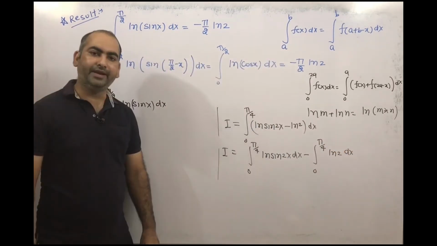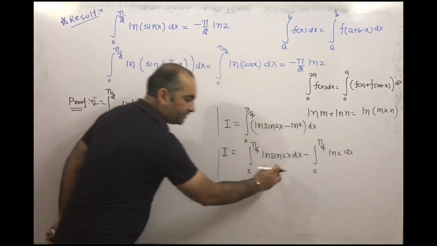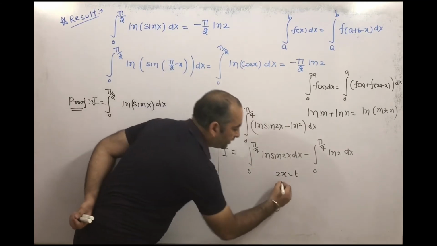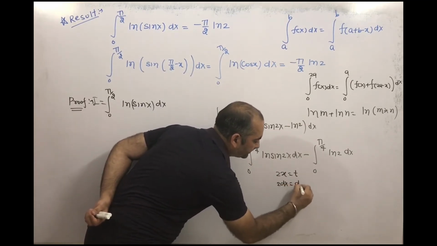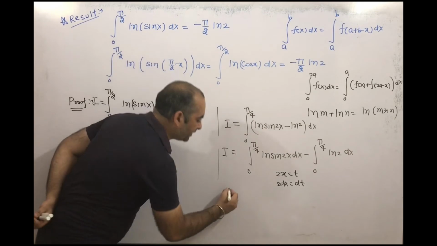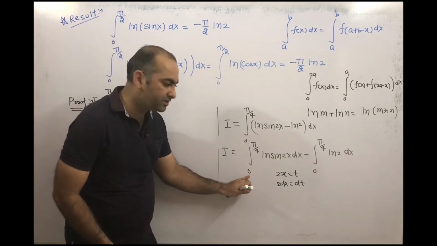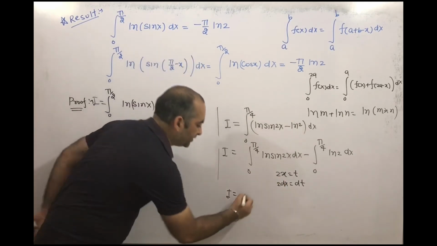Next, in this integration, we take 2x equal to t. So 2 dx equals dt. So this integration becomes I equals, lower limit is 0, so if you put 0, t value will be 0.